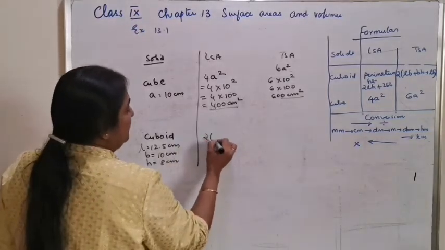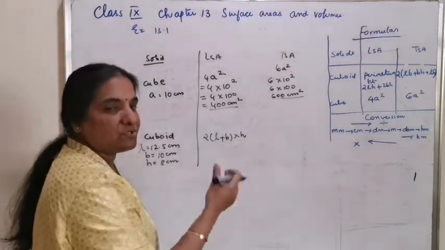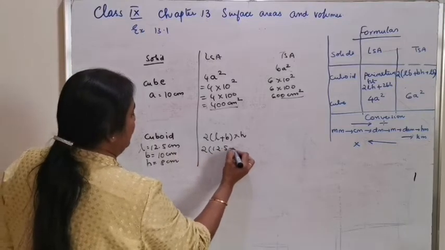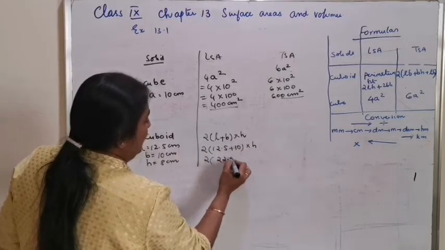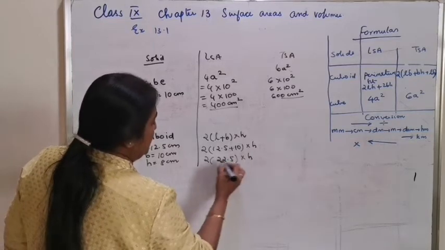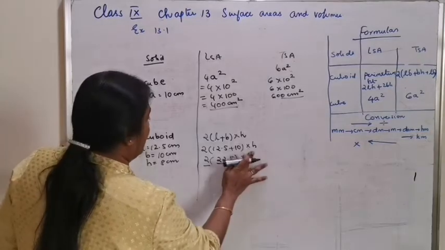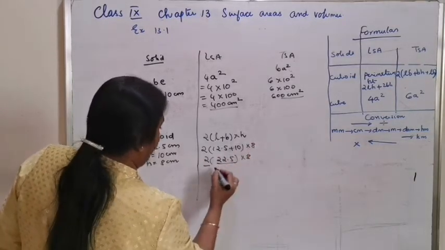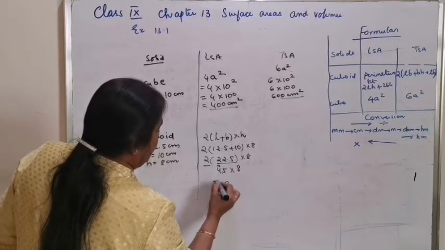It is 2 into L plus B into height, or 2LH plus 2BH. 2 into length plus breadth, 12.5 plus 10 into H, 2 into 22.5 into H. 22.5 into 2 is 45. H is given as 8.